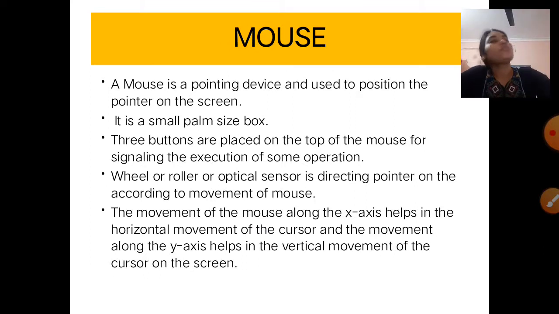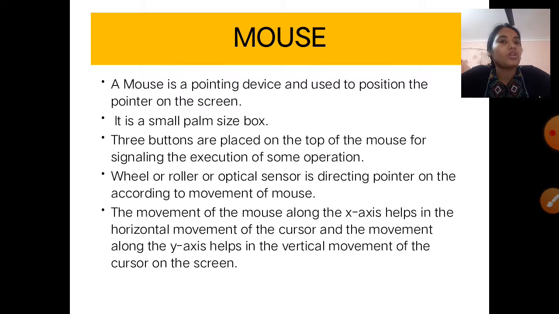Next we discussed the mouse. All of you also know the mouse. In the first or second semester you have covered these input devices, the I/O devices of a computer. A mouse is a pointing device used to position the pointer on the screen. It is a small palm-sized box. Three buttons are placed on the top of the mouse for signaling the execution of some operation.